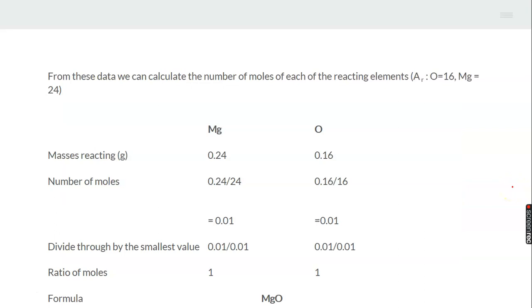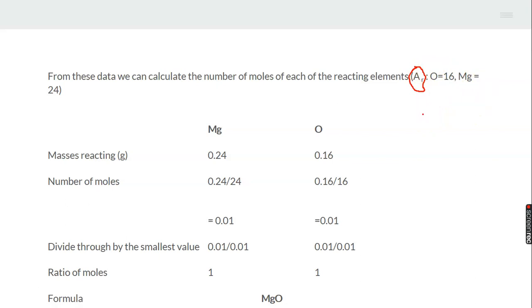From this data, we can calculate the number of moles of each of the reacting elements. For instance, A subscript R, from your former knowledge of the part 1 class, means relative atomic mass.